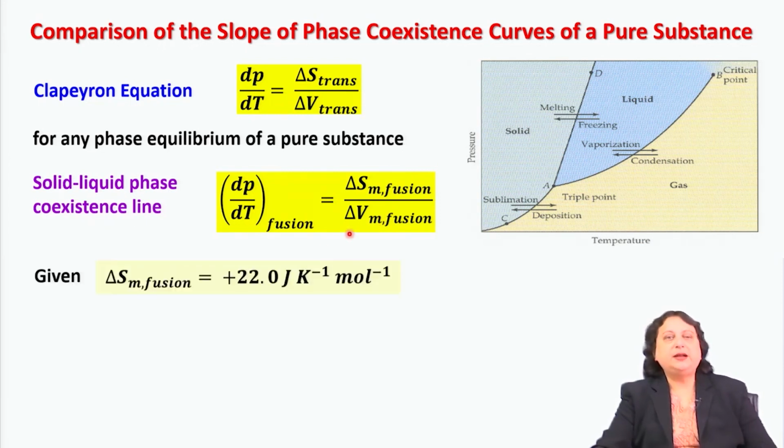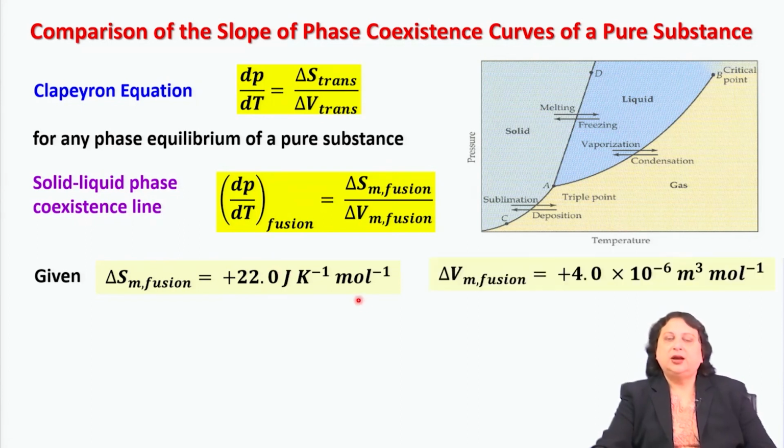Now, from experiments you can find out that delta S fusion for a given substance is 22 joules per Kelvin per mole, and it is also found that the change in volume per mole for the fusion process is 4 into 10 to the power of minus 6 meter cube per mole.